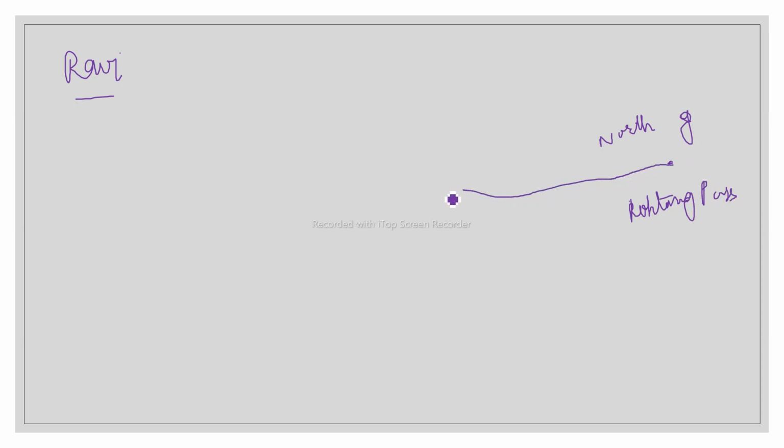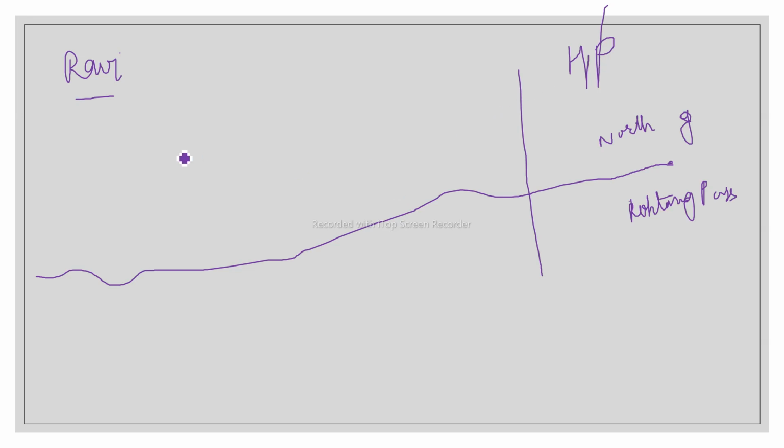It originates and moves like this. Okay, then the first state where it is originating is Himachal Pradesh. And from the north of Rohtang Pass, it is going to flow into Punjab.